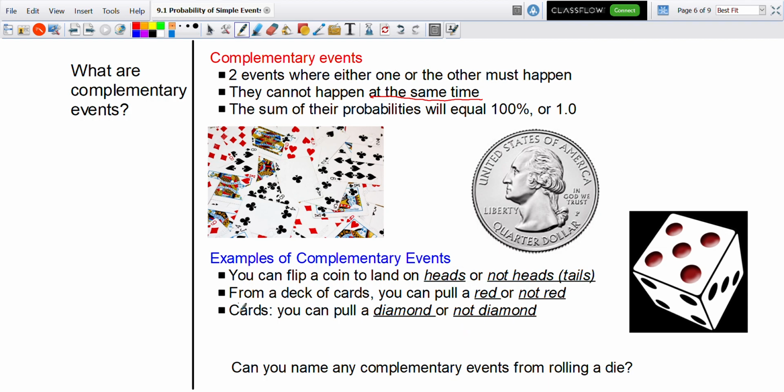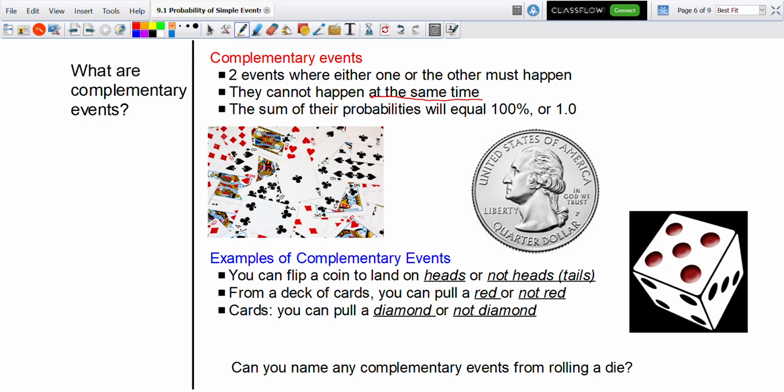I can guarantee that if you pull a card from a deck, between red or not red, we've handled every single possible outcome, either a red card or not a red card. Every outcome is accounted for there. 100% of the outcomes are accounted for between those two events, red or not red.